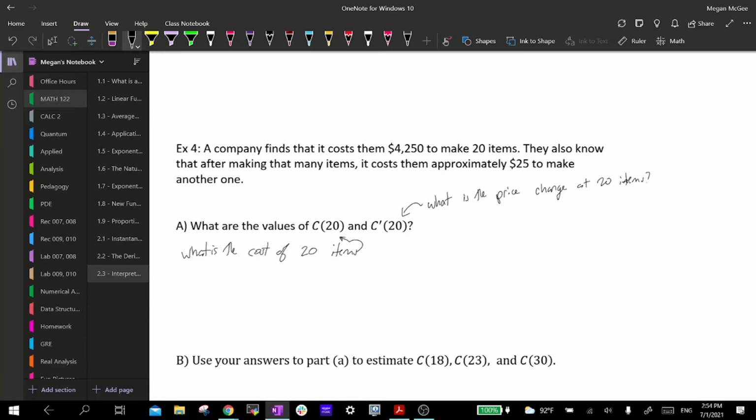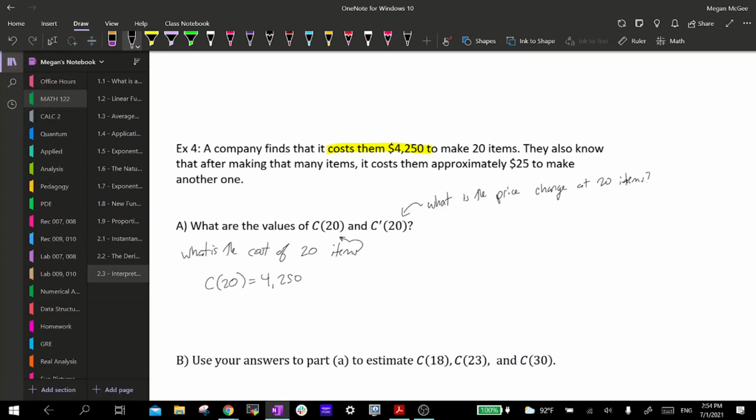So what is the cost of 20 items? Well, our question tells us it costs them $4,250. So C of 20 is $4,250. And then what is the price change at 20 items? What I mean by that is how much is the price going to change from 20 items to 21 items, and so on and so forth.